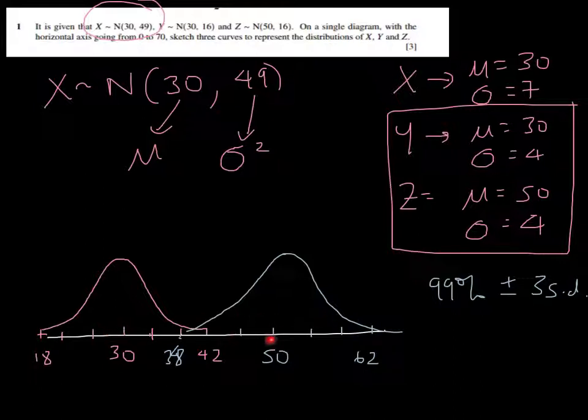If I just move it up or down where the mean is but keep the standard deviation the same, we'll have the same shape. But if I make the standard deviation wider, it's kind of like watching an ice cream melt.